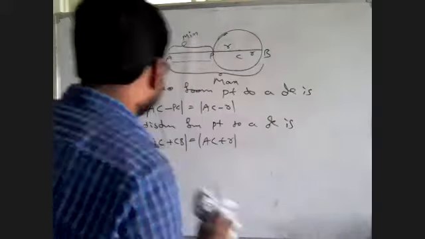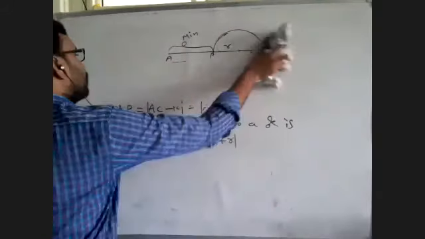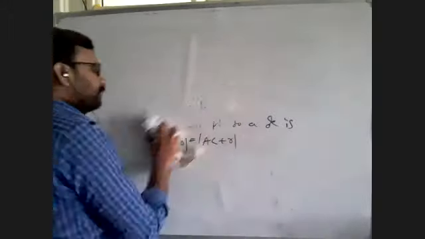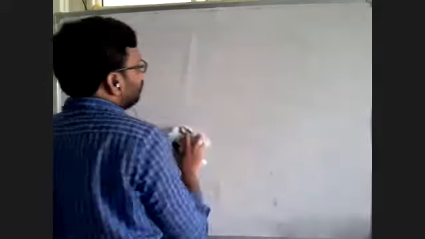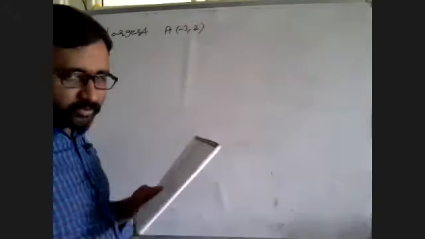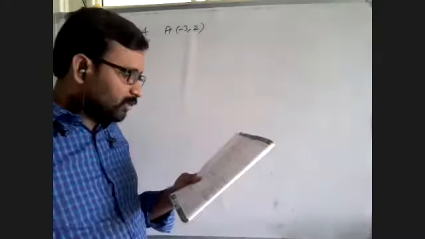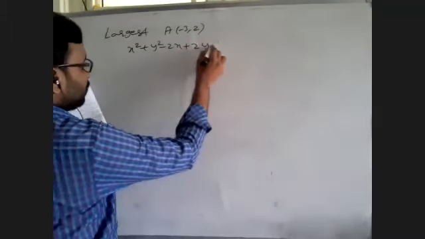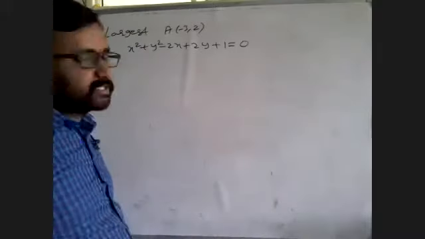Okay. And I will give you an example on this topic. The question is, the largest distance, largest means maximum, from the point minus 3 comma 2 to the circle x square plus y square minus 2x plus 2y plus 1 is equal to 0, is what?